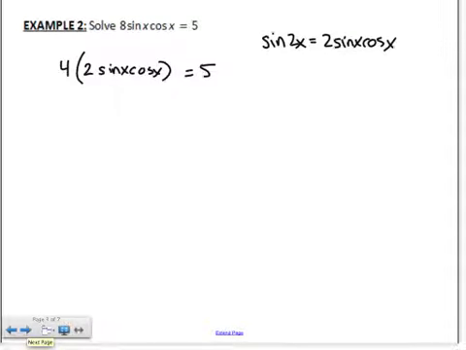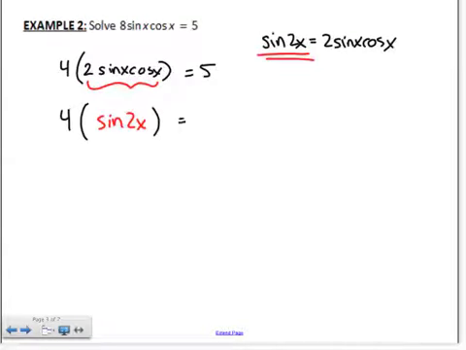So 2 sine x cosine x can be replaced with sine of 2x. So I have 4 times sine of 2x equals 5. Now that I have that, I'm going to divide both sides by 4.